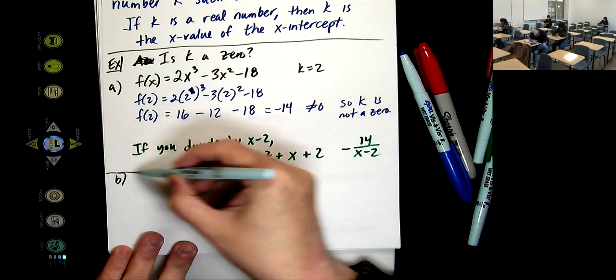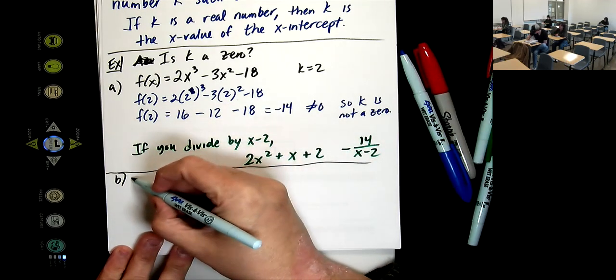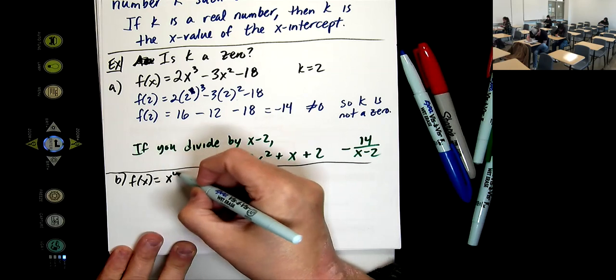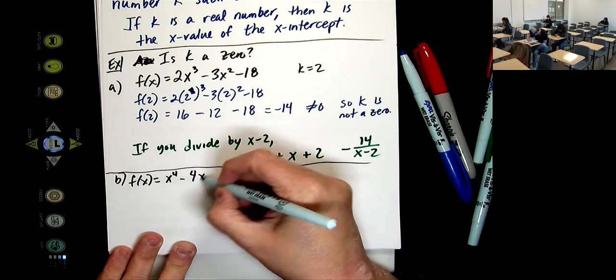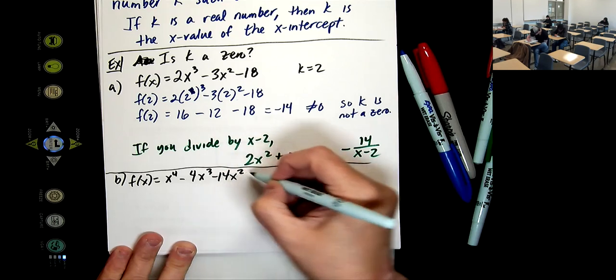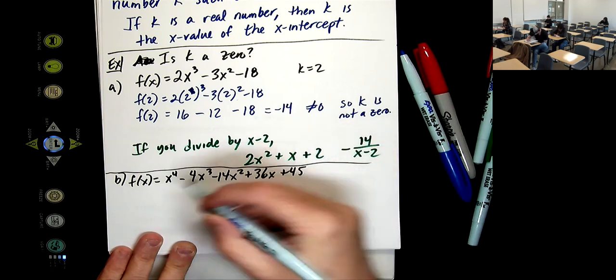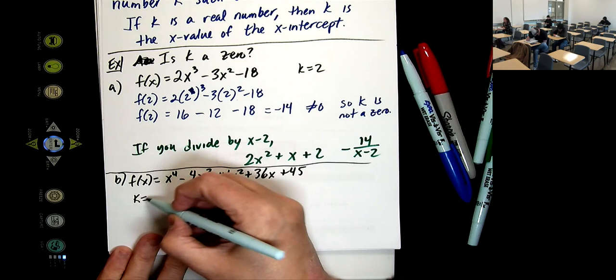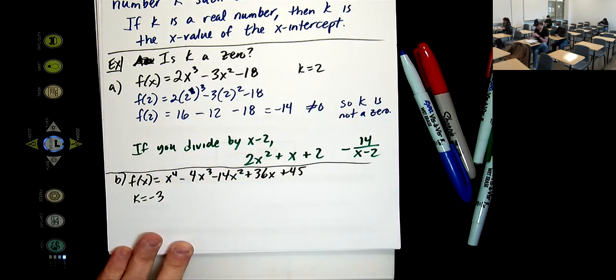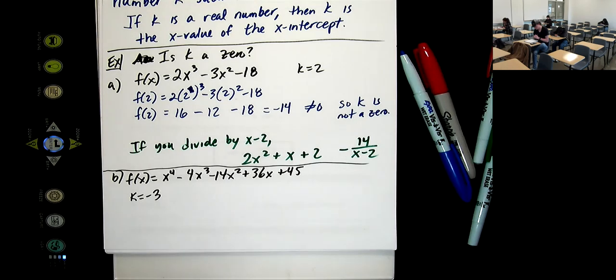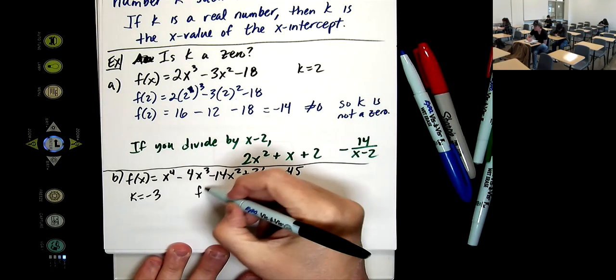Next one for you guys to check. f of x equals x to the 4th minus 4x cubed minus 14x squared plus 36x plus 45. k equals negative 3. So check to see if this is a 0 by using the remainder theorem. Plug in k and see if you get 0. What does f of k equal?